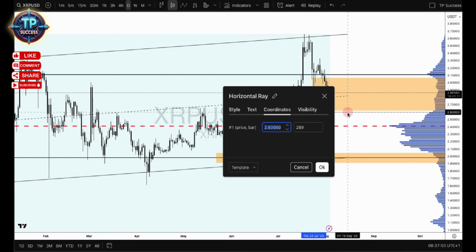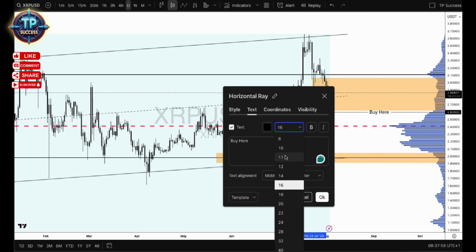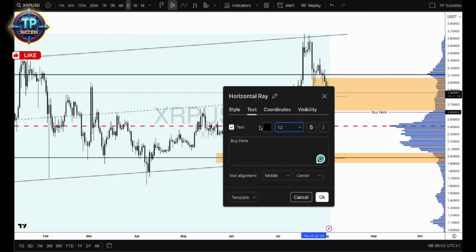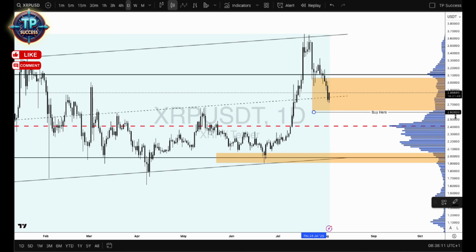And let me see if I can add a little text in here as well. So I would say buy here. Buy here, and price label. Yes, we've got the price label there. So this is the price label over here. Okay, so that's what I'll be thinking about locking in on some XRPs, right?